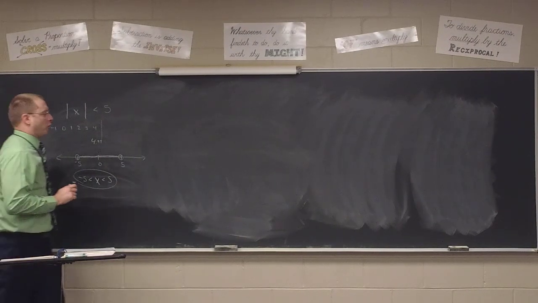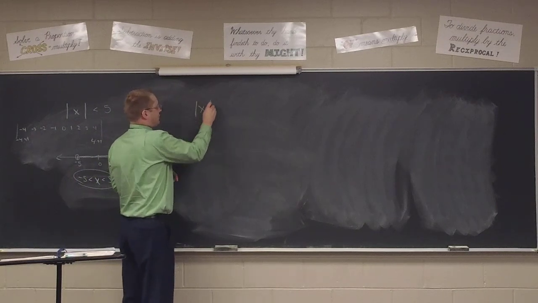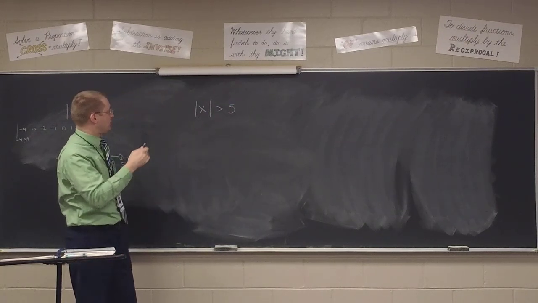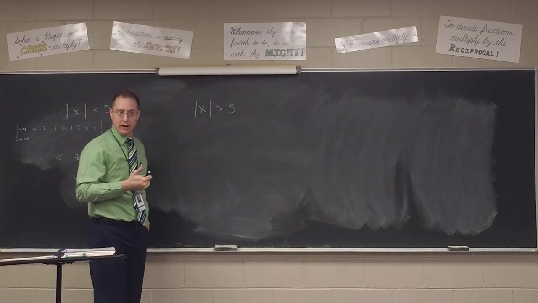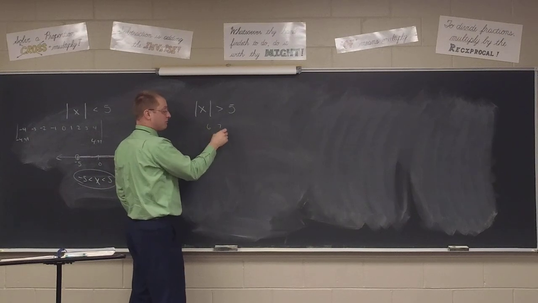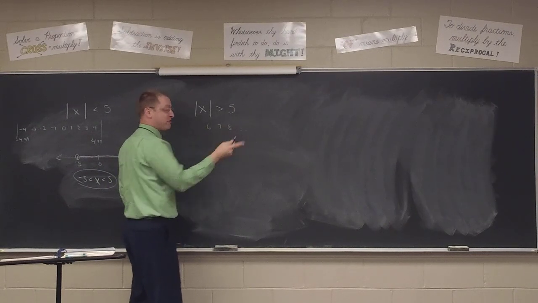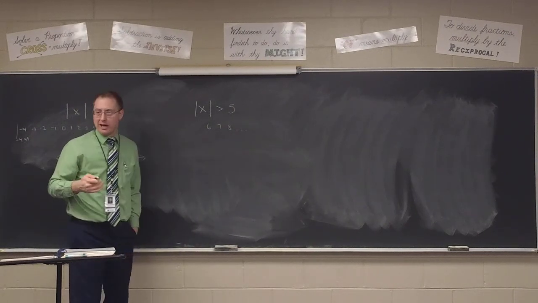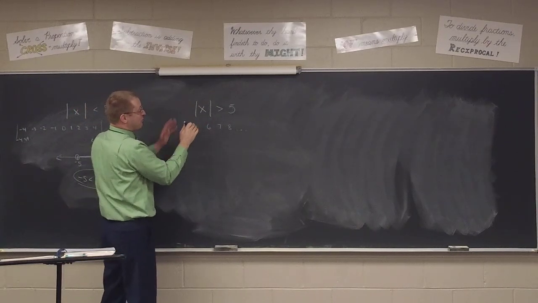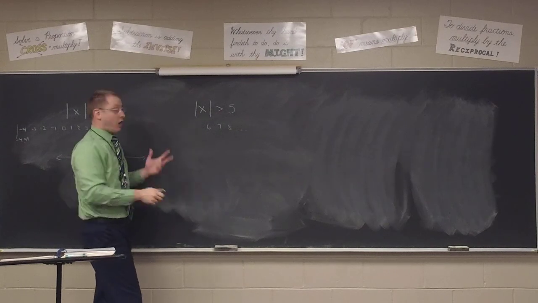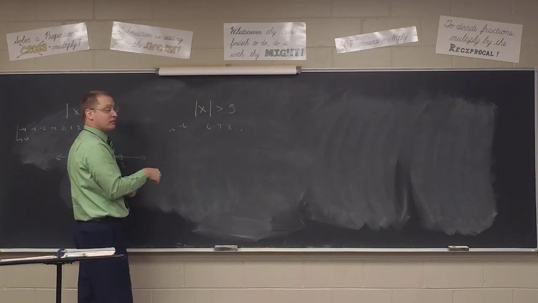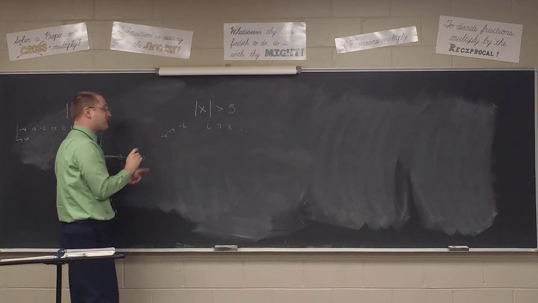But think about this though. What if I'd said the absolute value of x was greater than 5? Well, what's a number that if I took its absolute value would be greater than 5? 6, 7, 8, all the way up to infinity, right? What about negative values? Well, negative 5, the absolute value is 5, which isn't greater than 5. Okay, how about, speaking integers, negative 6, negative 7, negative 8, really all the way to negative infinity, right?